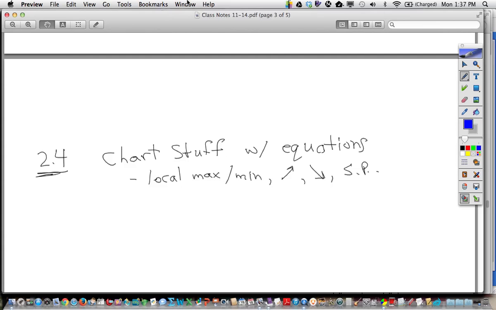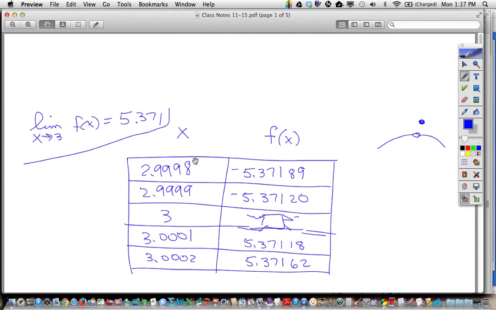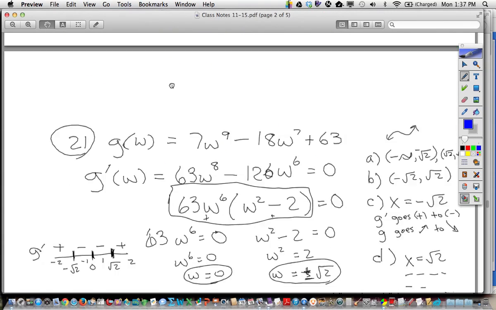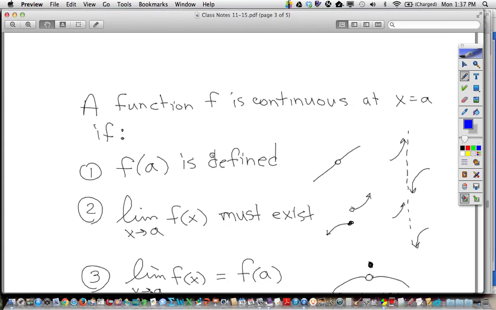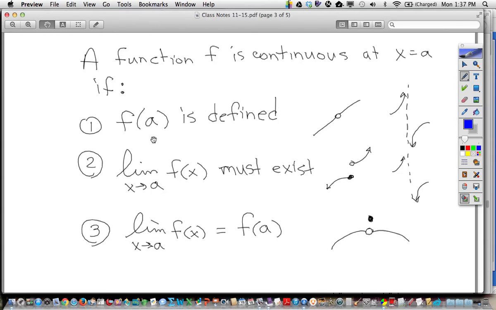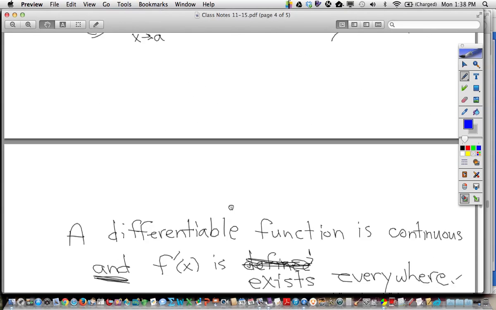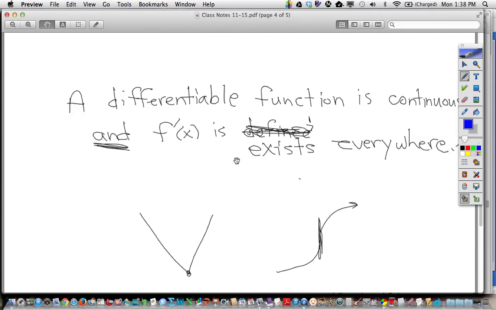Then we said the chart stuff, and then the notes from Friday, the 15th, we added in all of this that we went through about the 3 different ways that a function is continuous, and if it's discontinuous, which one of those 3 reasons caused it to not be continuous. We talked about a function being differentiable.